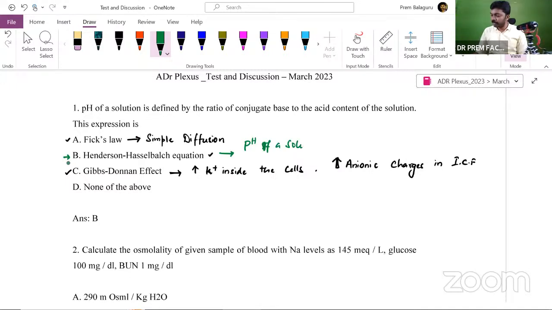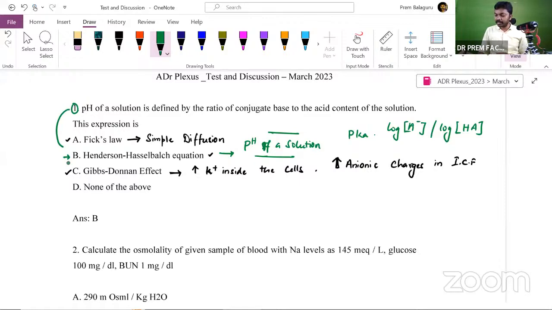So when it comes to calculating the pH of a solution, we are going to use different parameters: pKa and the logarithm of anions, that is the conjugate base, divided by the logarithm of acids. This relationship involved in determining the pH of a solution is explained by the Henderson-Hasselbalch equation, doctors. That's the first question.